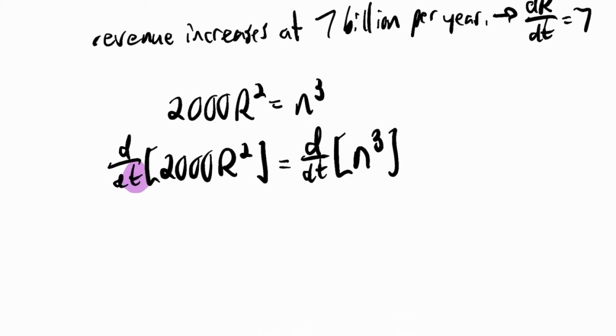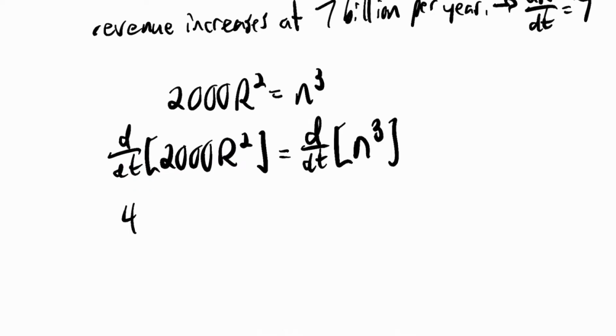The variable with respect to which the derivative is being taken is not the same as the variables in the equation. So I have to use the chain rule for every derivative. I'm not just using the power rule here. So using the power rule, I'm going to have 4,000 times r to the first power, that's the power rule, times dr dt.